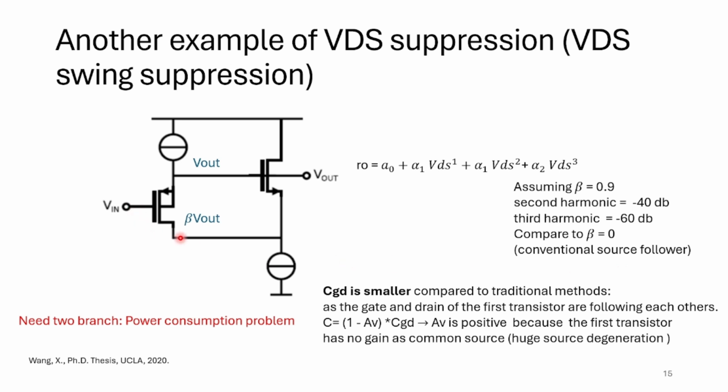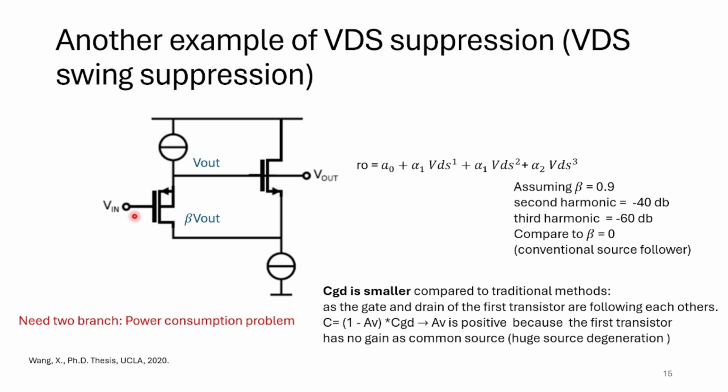Also, the gate drain effect of this transistor wouldn't be limiting, and would also be reduced compared to a conventional source follower, because the gain from V in to this part is positive, and the Miller effect helps us have less effect from the gate drain here.